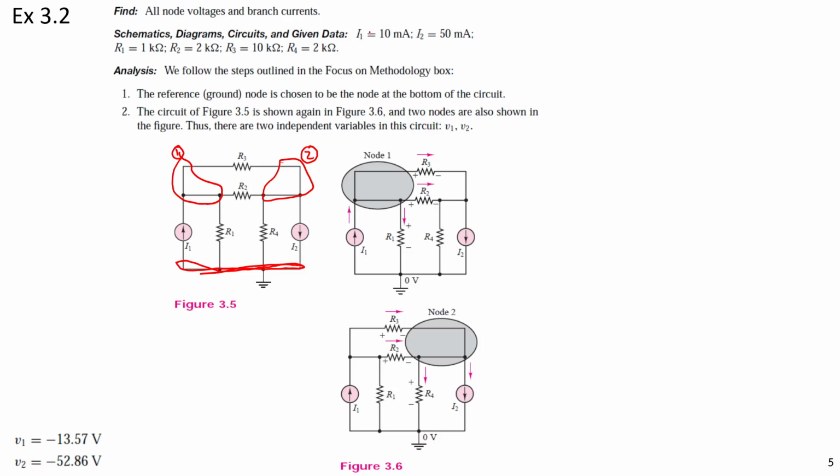So we know I1 is 10 milliamp, I2 is 50 milliamp, R1 is 1K, R2 2K, R3 10K, R4 2K, like this.